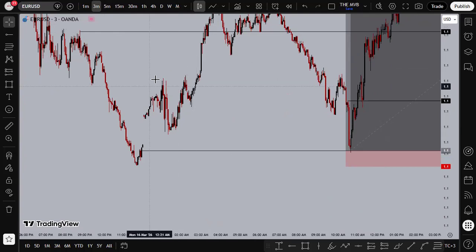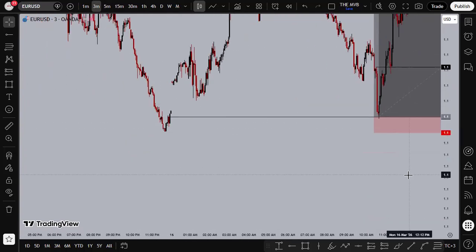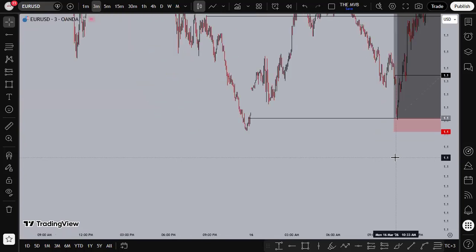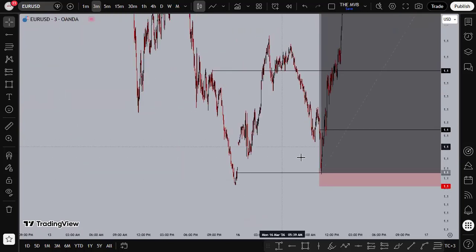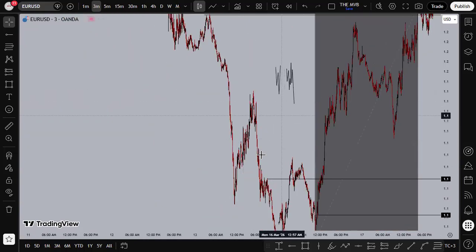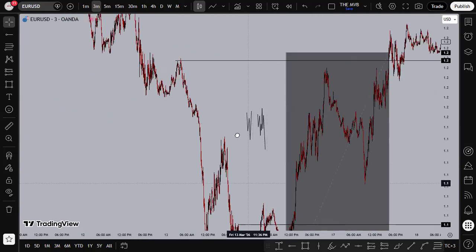I'll show you. And these are the inside formations. But the one I was interested in was this one, because this one was not tapped yet, and we were not yet to cover this gap. So the market came to that point, activated my entry, and we secured like 100 pips.